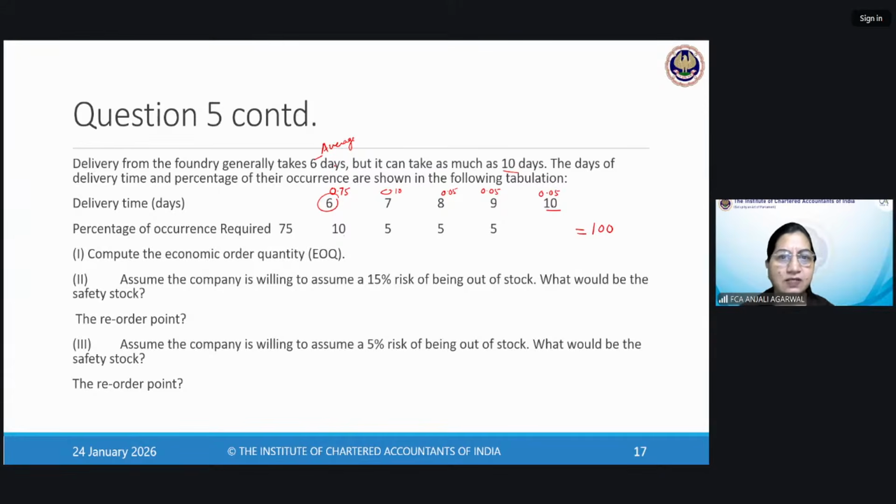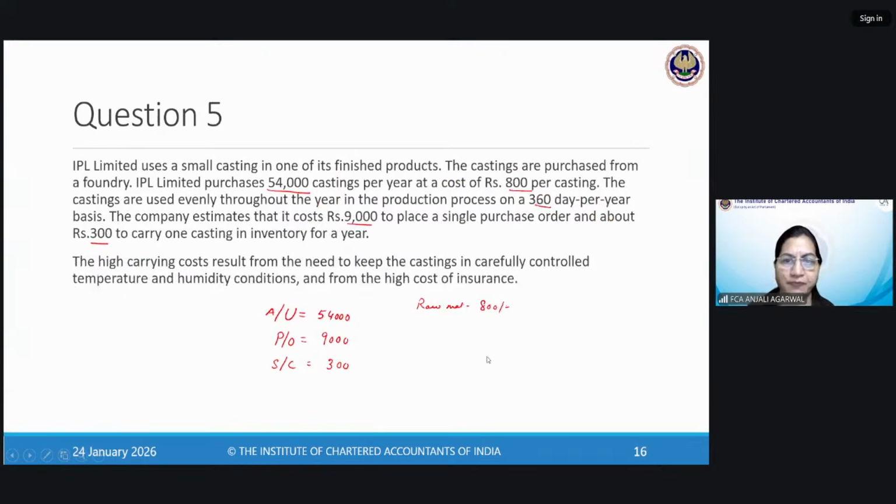So 6 days is your delivery time, average time. What is the average consumption? We will calculate from the previous data. 54,000 is your total consumption in a year, assuming 360 days in a year. So 54,000 divided by 360, your per day consumption is 150.